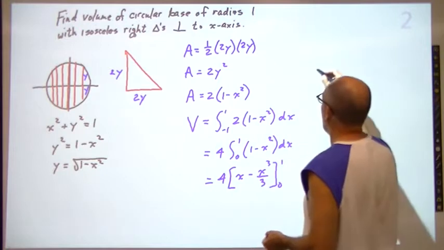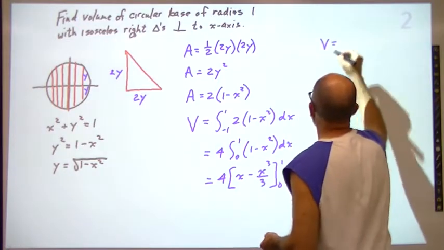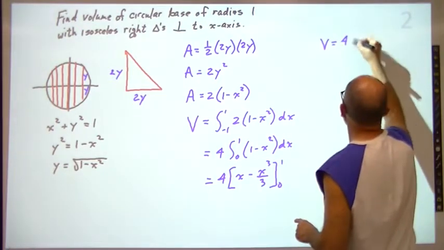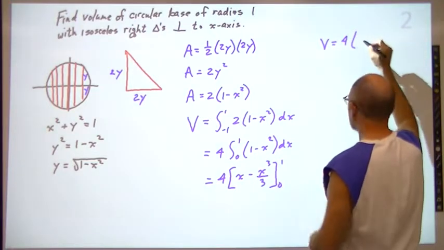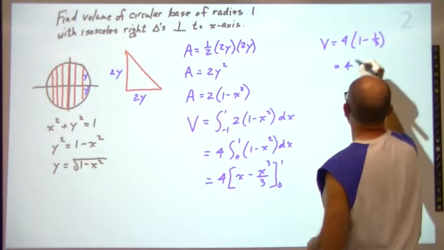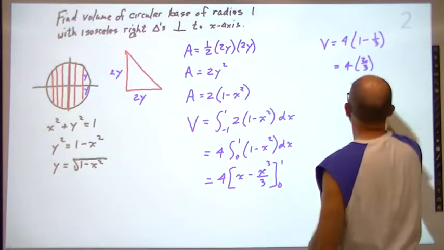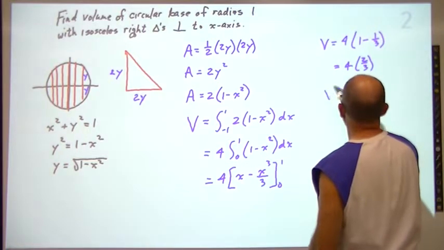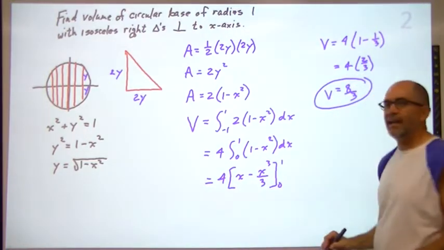And so our volume then is 4 times 1 minus 1/3, which is 4 times 2/3, which is 8/3. That's it, game over.